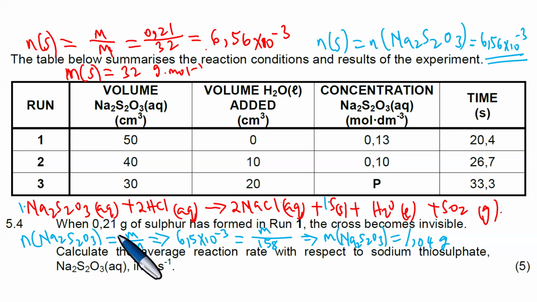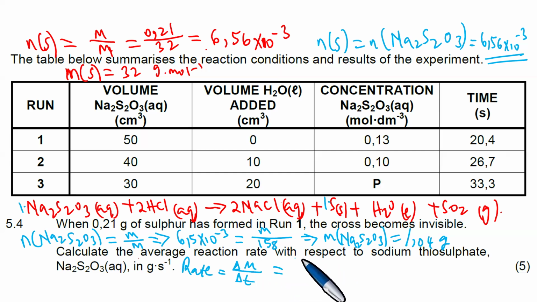But this is not what we want. What do we actually want? We want the average rate. The rate is change in mass over change in time.